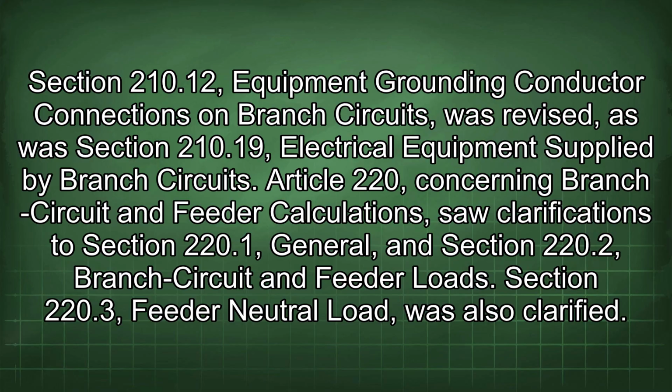circuits. Article 220, concerning branch circuit and feeder calculations, saw clarifications to Section 220.1, General, and Section 220.2, branch circuits and feeder loads. Section 220.3, feeder neutral load, was also clarified.